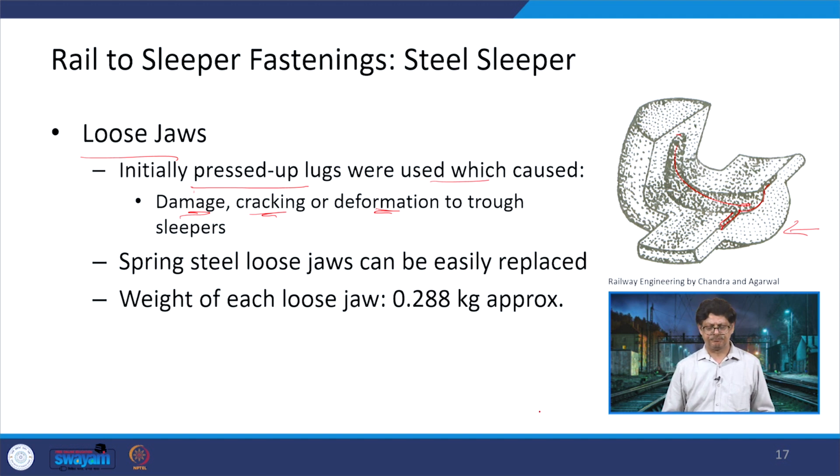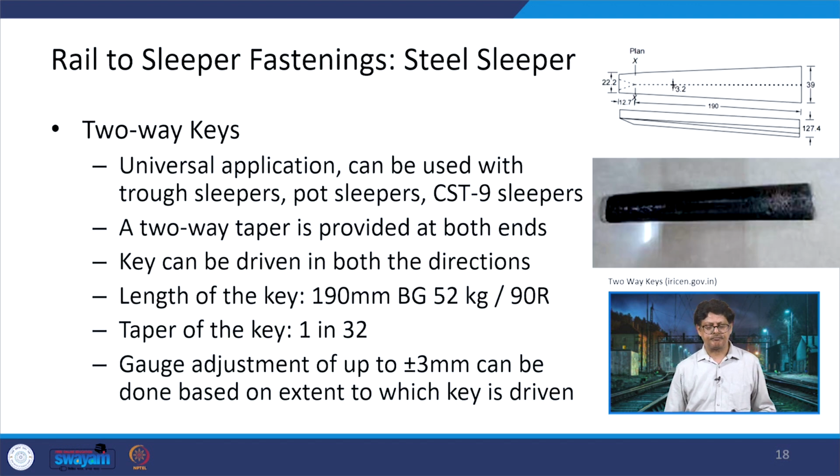Now, these spring steel loose jaws, because of their shape and the way they have been used on the steel sleepers, can easily be replaced. That is one of the advantages of using these. The weight of each loose jaw is approximately 0.288 kg, so roughly 0.3 kgs.